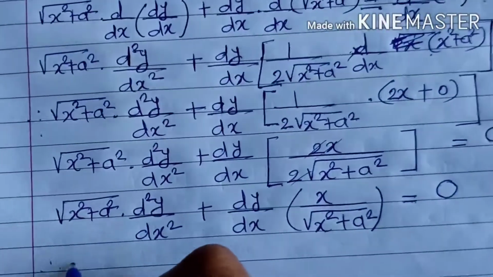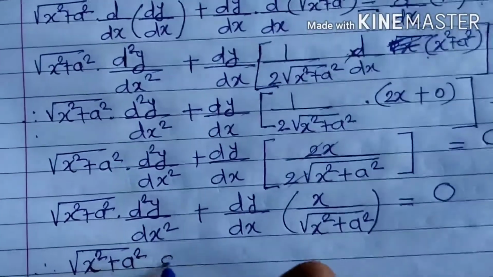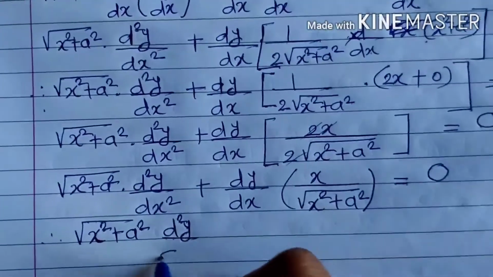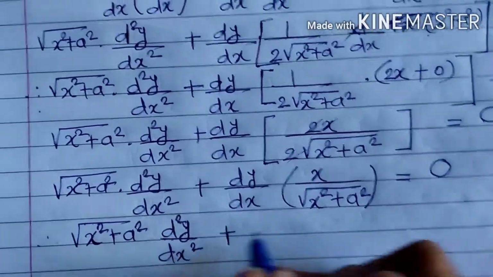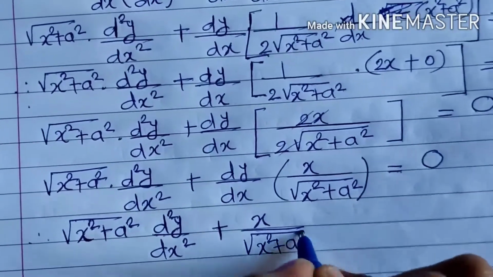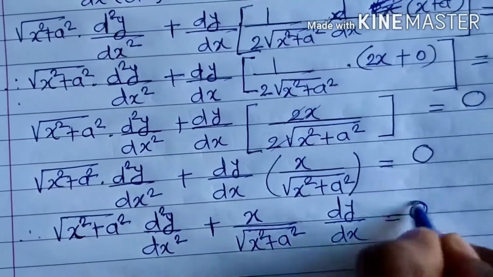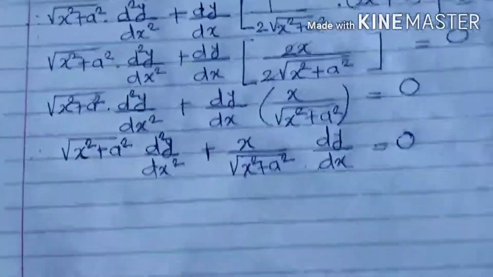So we want under root of x square plus a square d2y upon dx square plus x under root of x square plus a square into dy by dx. I am only interchanging this.